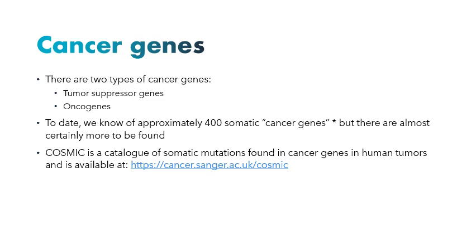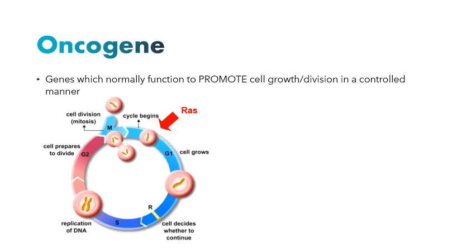If you need, check the information there. Oncogenes code for proteins that drive cell division, and these genes acquire mutations that result in continually active proteins. They become oncogenes and cause uncontrolled cell growth and division.